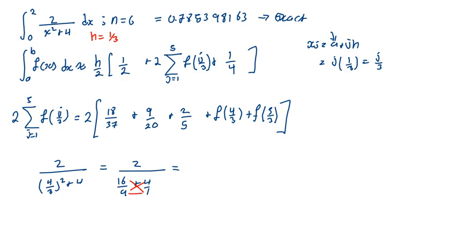So we have a 2 on the numerator, divided by 16 by 1 is 16, plus 9 by 4 we know is 36, divided by 9.